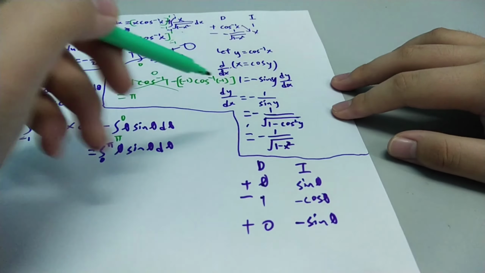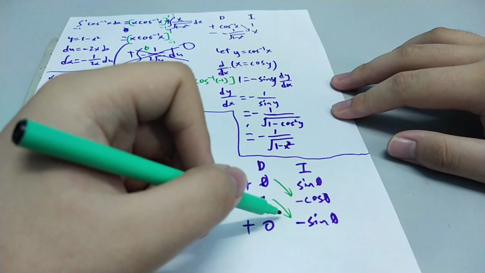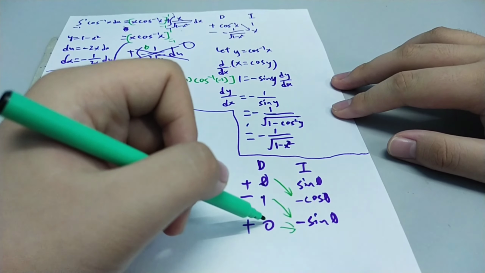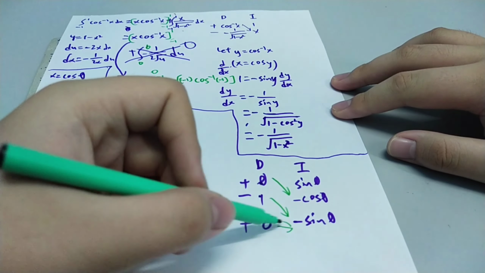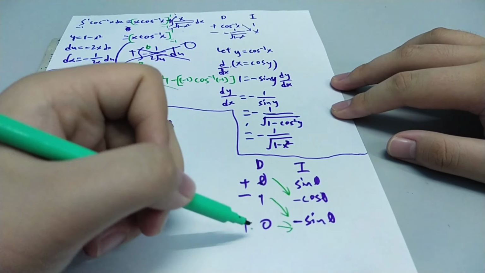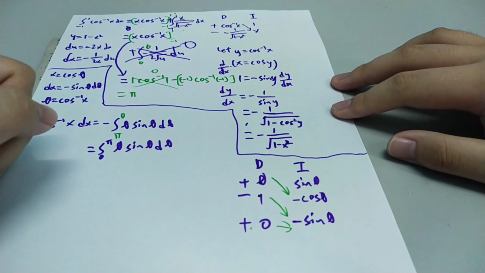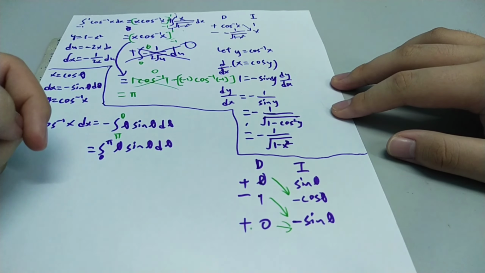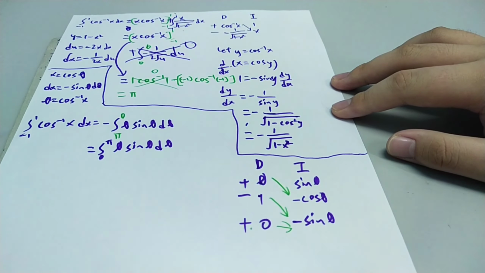How you're going to do this is this multiplied by this, and then this multiplied by this, plus the integral of this. And then essentially we have no need to do the integral, because when we multiply the row, we have 0 times negative sine theta, and then we are integrating 0 d theta from the lower limit to the upper limit. So we can conclude that we have no need to solve this integral because the integrand is equal to 0.